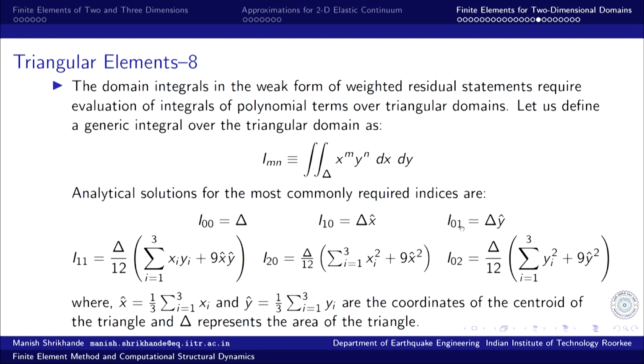Similarly I 0 1 is the area of the triangle multiplied by y hat, the y coordinate of the centroid. Similarly for I 1 1, for the product x y, we have a similar expression with a summation over all three vertices and the product of the coordinates of the centroid, then I 2 0 for the x square term, then the y square term, etc.